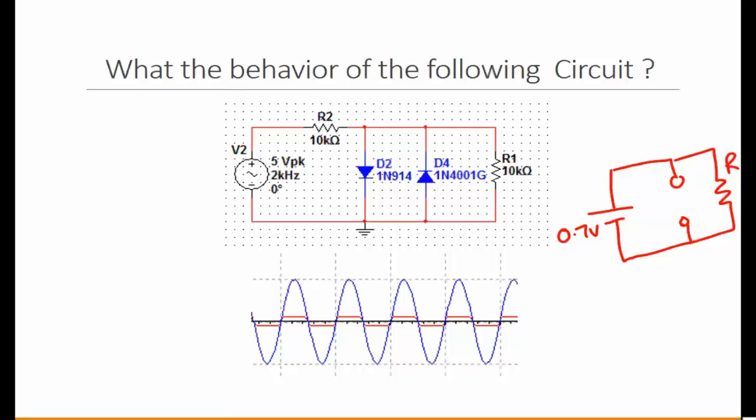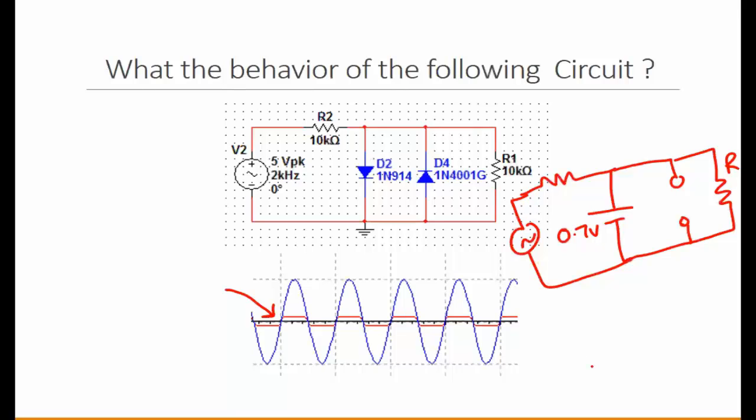And all of this is positive, positive 0.7 under the positive cycle. For this circuit, for the positive side, you will get a positive 0.7, just like shown here, correct? Where you have that R1, R2 right there and your AC signal right here.